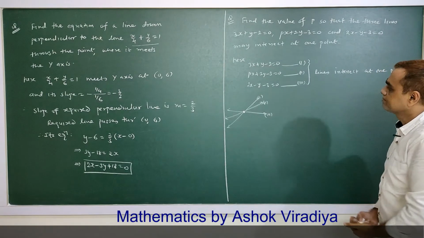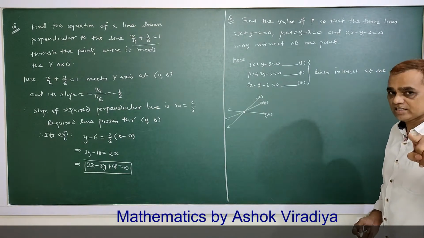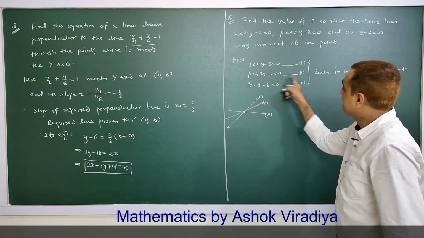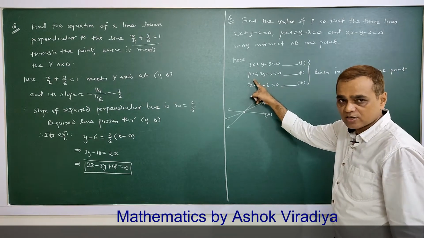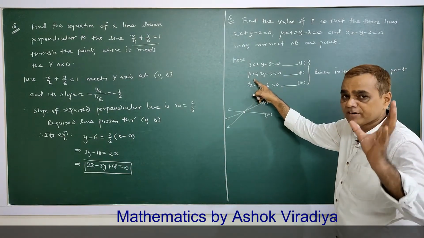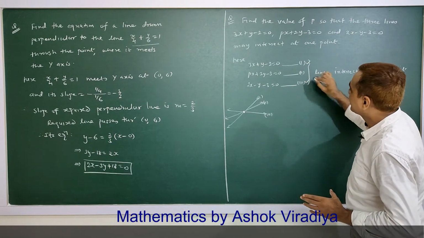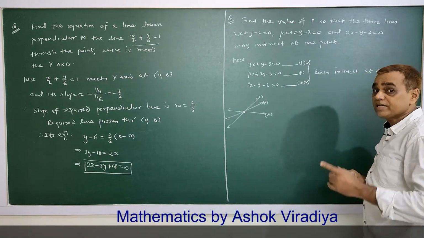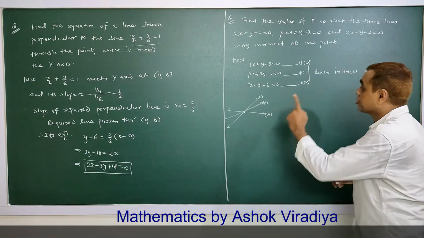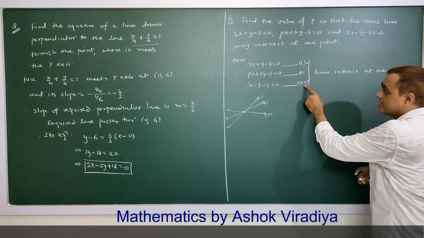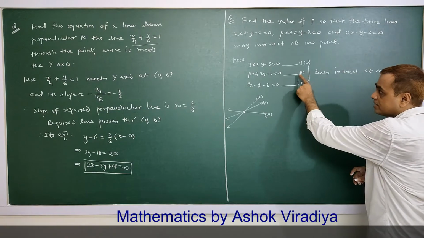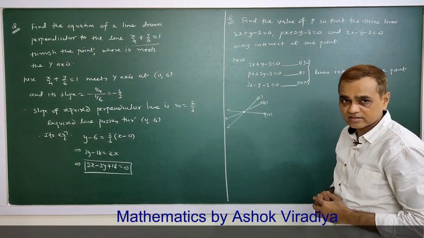Now look here, we want P. P is in the second equation. So to find P, what will we do? First of all, we solve equations 1 and 3. It means the point of intersection of 1 and 3 lies on the second line.